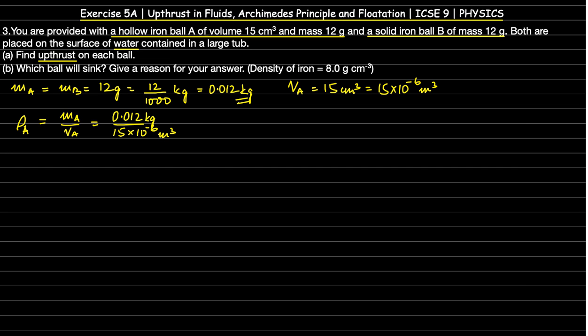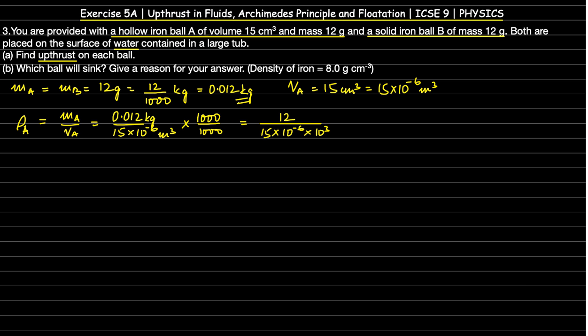So we will multiply this numerator as well as denominator by 1000 so that the decimal is not there. So we get it as 0.012 into 1000 gives us 12 divided by 15 remains as it is into 10 to the power of minus 6 into 1000 can be written as 10 to the power of plus 3.